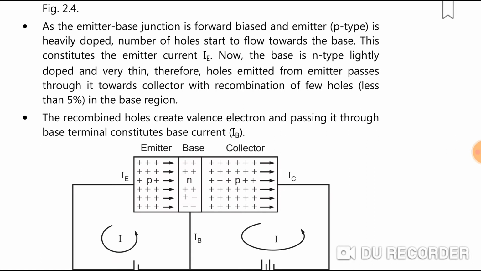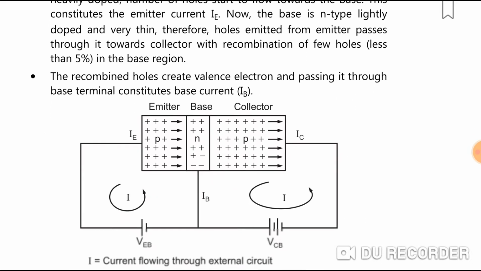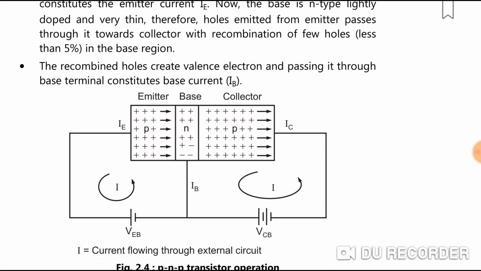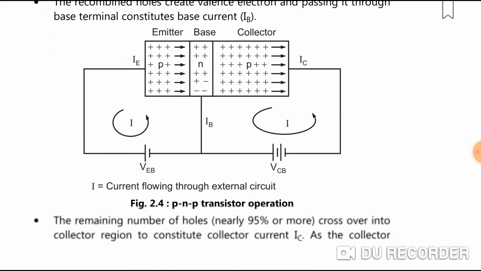This constitutes the emitter current IE. Now the base is N-type, lightly doped and very thin. Therefore, holes emitted from the emitter pass through it towards the collector, with recombination of few holes, less than 5%, in the base region. The recombined holes create valence electrons, and passing them through the base terminal constitutes the base current.